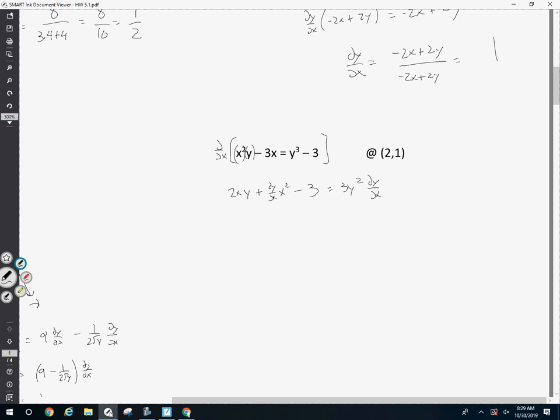Again, move the dy/dx's to any side. You already got the 2xy and the minus 3 over here. Might as well leave it. Move the x squared over. Factor out the dy/dx. Divide to solve.